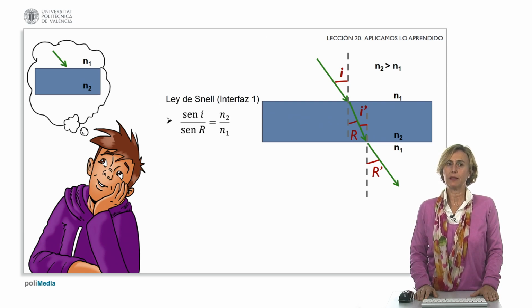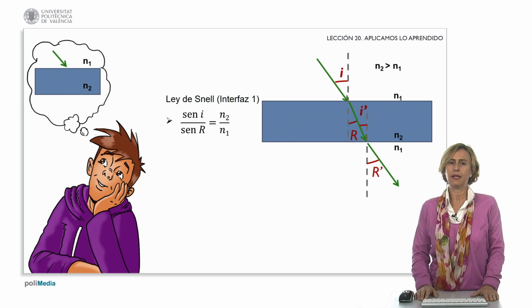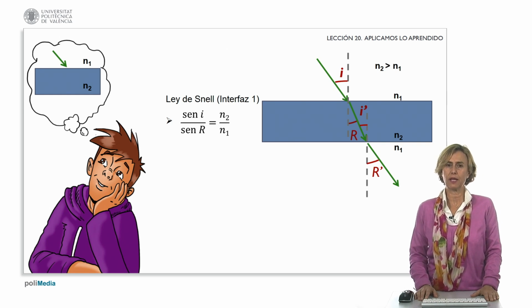We will apply Snell's law to the first interface, which showed us the relationship between the incidence angle and the refracted angle, with the refractive indices of the incident and refracted media.